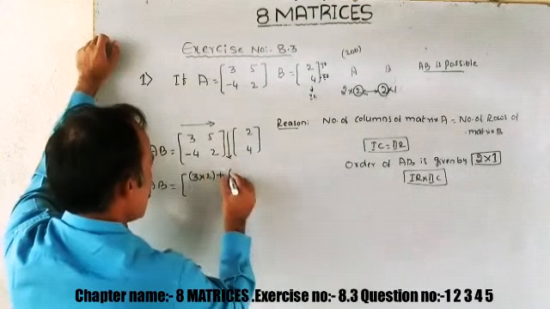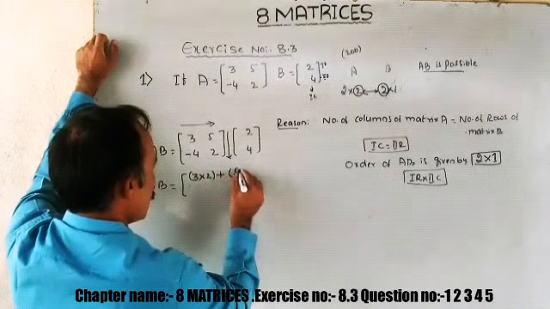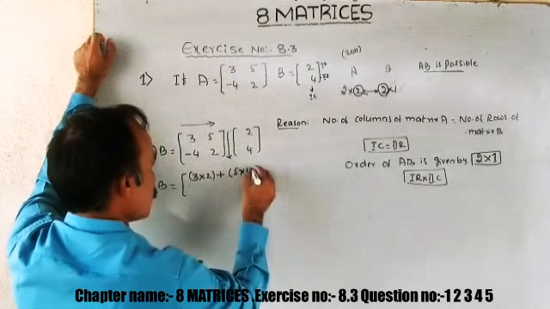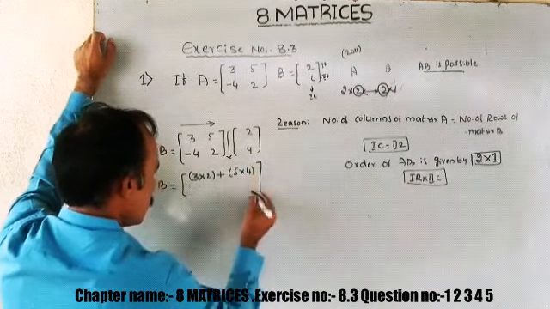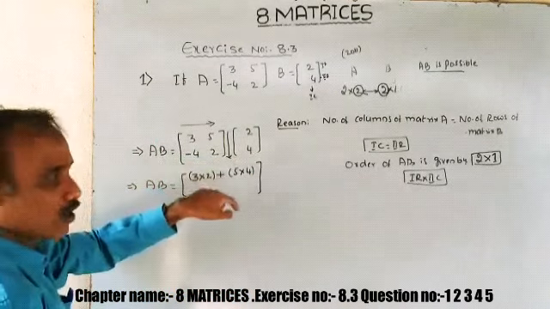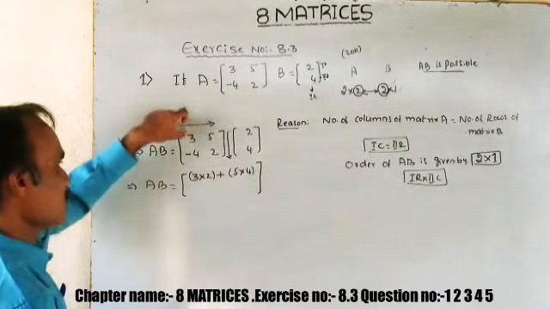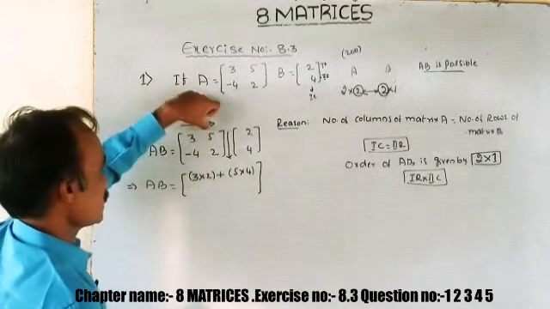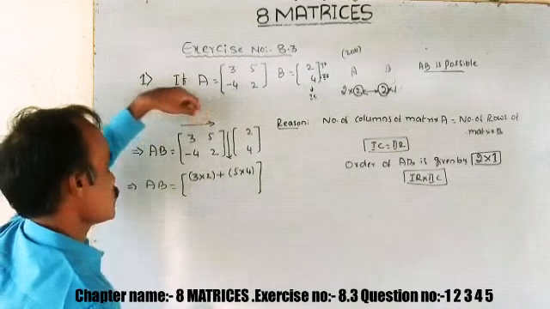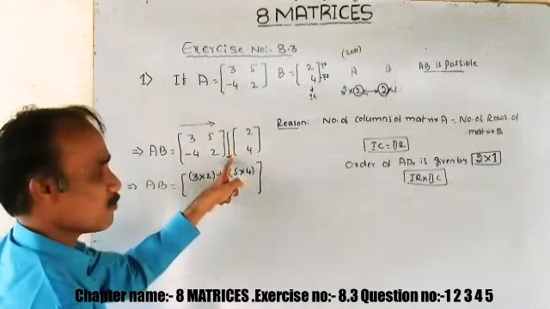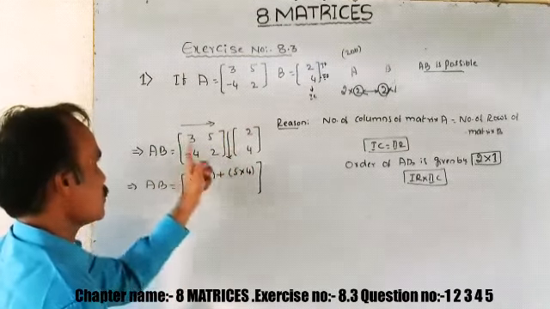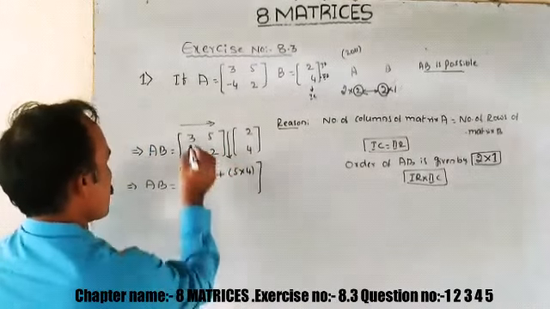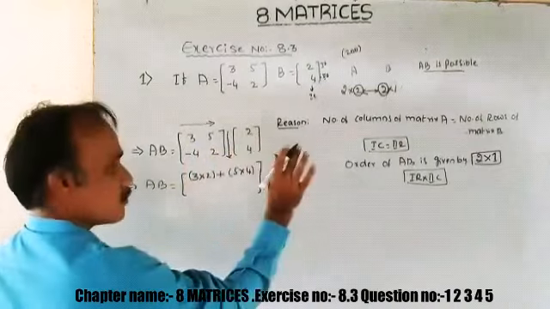Next, consider the next element, 5, into, let's move downwards, that is 4. Any doubt? Here move forward, come downwards. First row, first element 3, here 2. Write plus, consider the next element: 5 into the next element, that is 4. Now first row, first column is over.